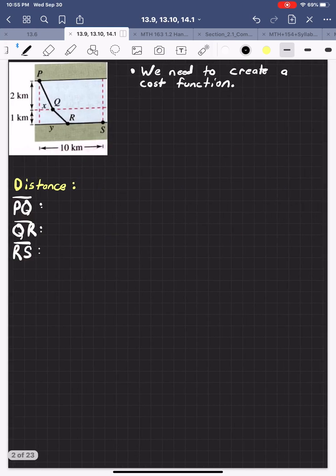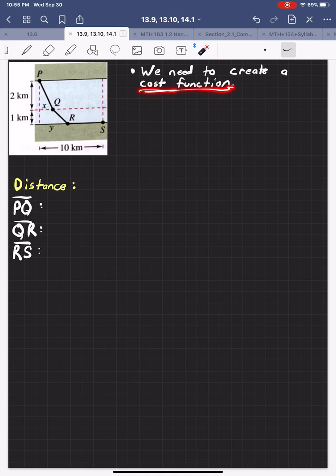So this is the actual picture, and you can kind of see what we have. Based on the information that we're given, imagine you're given this picture. We know that you have 2 kilometers of distance in the $3,000 construction cost zone. You have 1 kilometer of distance in the $2,000 construction zone, and we know that any construction on land is going to be $1,000 per kilometer. Obviously we're not given a cost function, right?